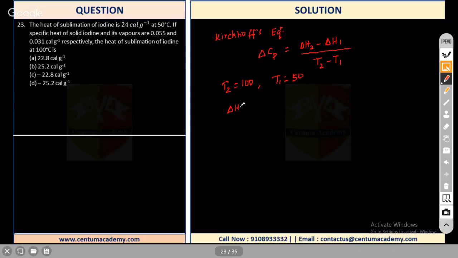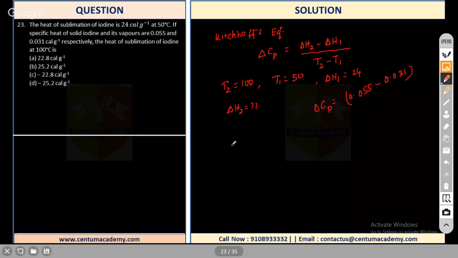Delta H2 we have to find out. Delta H1 is given in the question, and that is 24 calorie per gram. Cp is given. Delta Cp is equal to what? I'll write 0.055 minus 0.031 calorie per gram.